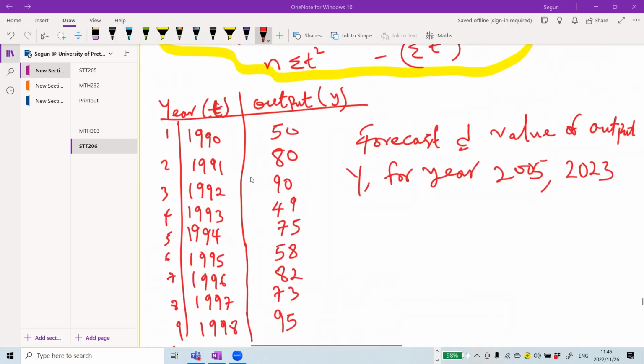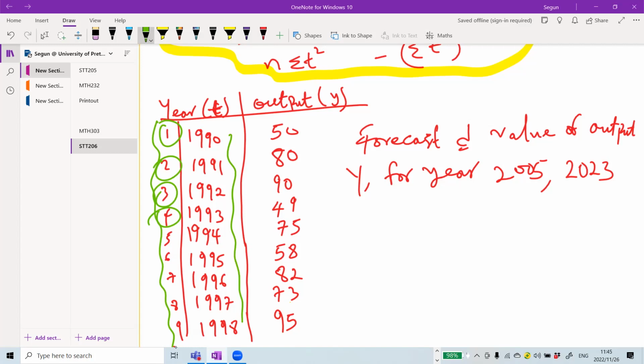So what we need to do is just to change all the year. This is first year, second year, third year, fourth year, like that. We change this one to T because we can't be using this big value. They are just yearly something. So if you are born in 1980, you can't say, I'm born in 1980, I'm 80 years old. No, that 1980 is your first year.